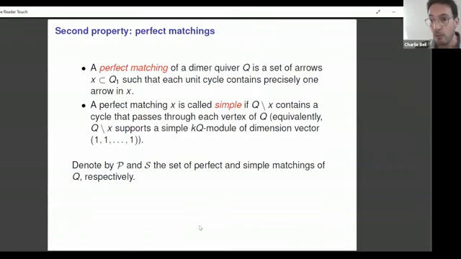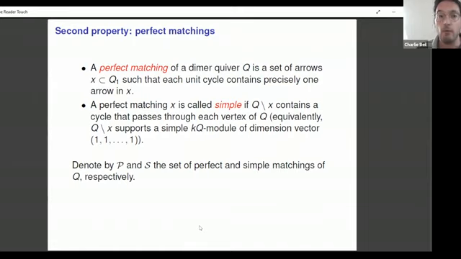The second property that's kind of a main property of dimer algebras are what are called perfect matchings. And this is where the dimers came from, looking at perfect matchings. A perfect matching of a dimer quiver is a set of arrows, and I'll use a variable x because these perfect matchings will become variables in a polynomial.